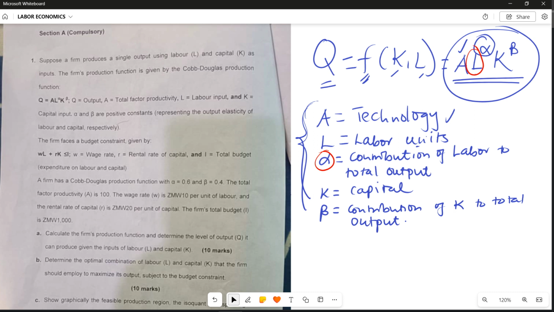It measures the contribution of labor to total output. Then K is the number of capital units that we are employing, and beta is the contribution of capital to total output. So that is the breakdown of the Cobb-Douglas production function.